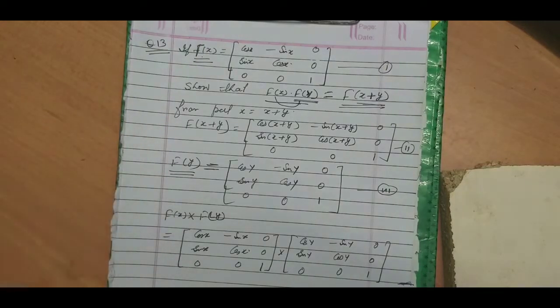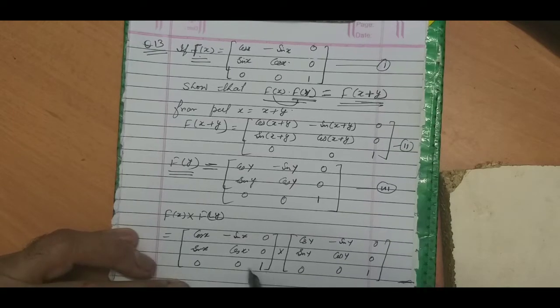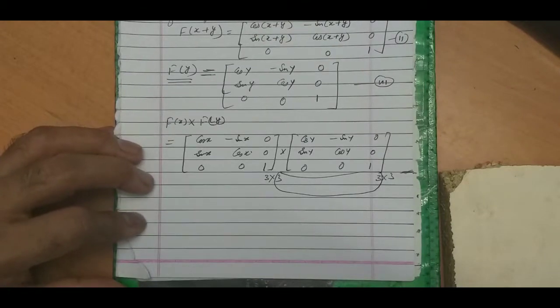Now just remember the orders and then the product rule. So what is the order of this? 1, 2, 3, 1, 2, 3. So its order is 3 by 3. Now we multiply it.